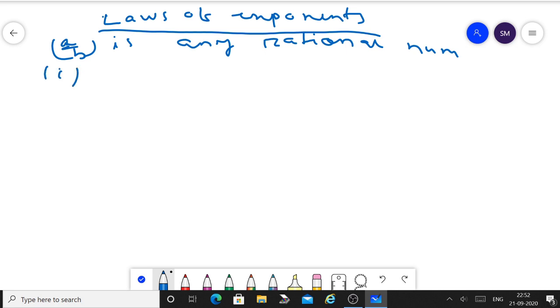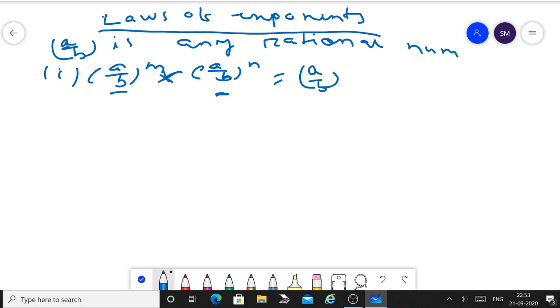Then the first law. What does the first law say? Suppose a by b to the power m into a by b to the power n. When the base is the same, during multiplication what do we do? The exponents are added. This means a by b to the power m plus n. Here m, here n.